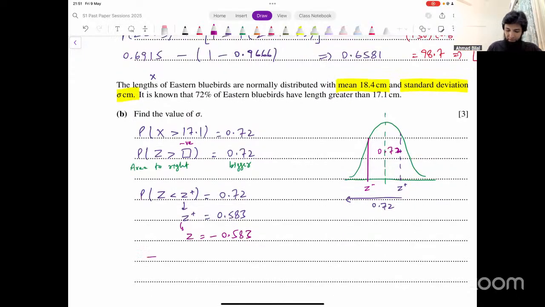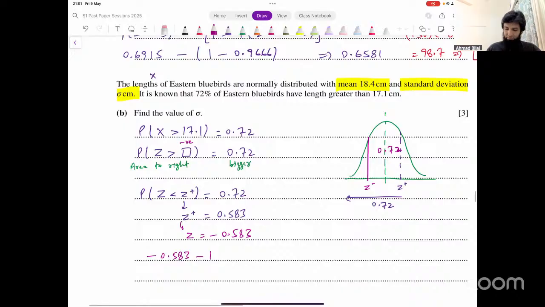Z equals x minus mu over sigma, so minus 0.583 equals x, which is 17.1, minus the mean, that's 18.4, divided by sigma. You can find the value of sigma from this and see what that turns out to be.